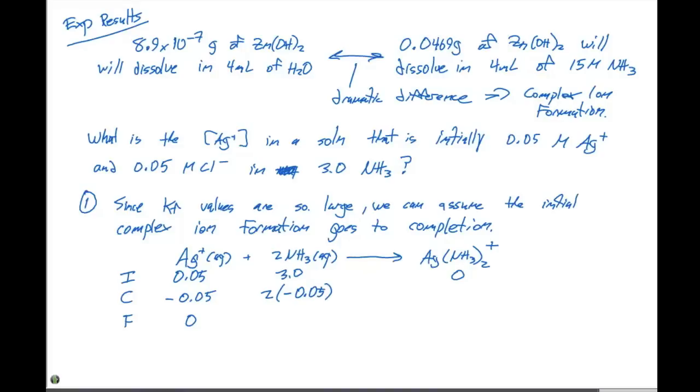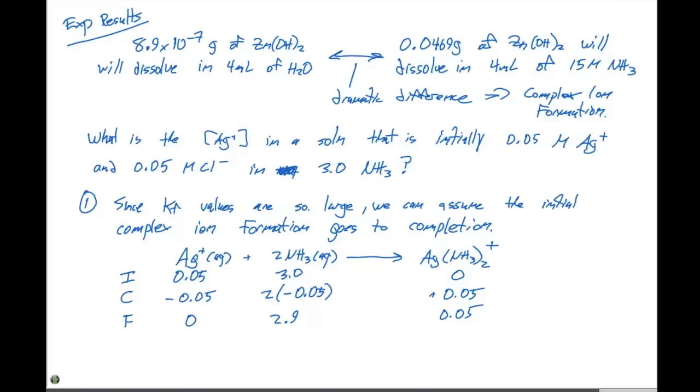That tells us that after this reaction has completed, our concentration of NH3 is going to be 2.9. When 0.05 moles of silver interacts with 0.10 moles of ammonia, we're going to form 0.05 moles of the complex ion.